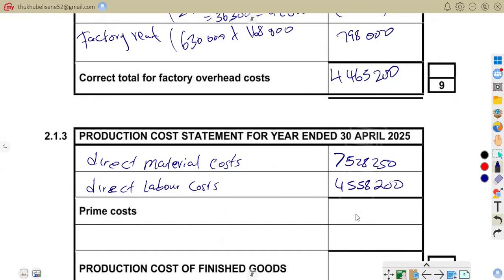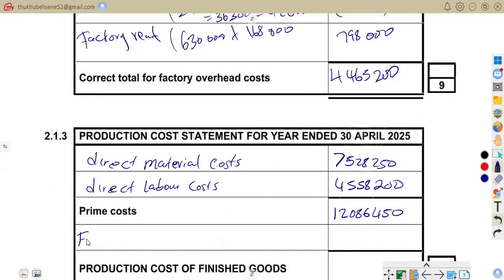So when you add these two, you're going to get what you call prime cost. So prime cost is direct materials plus direct labor. So it will give us 12,086,450. So that is that. So now we want the factory overhead cost.